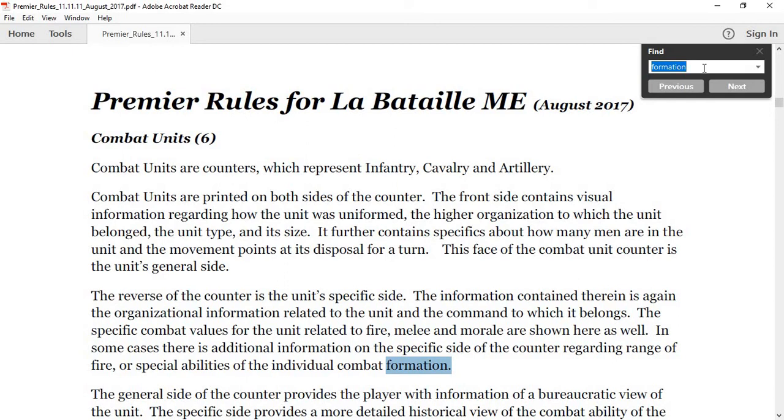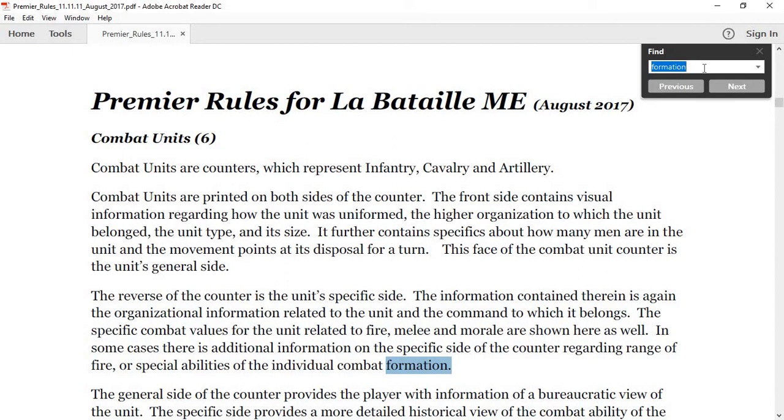Oh, unless they mean, maybe it is formation, because now it just popped into my mind. If you have a regiment counter, I guess that regiment counter might also represent two or three or more battalion counters, in which case that regiment would still have the range and special abilities indicated on it, and those would not presumably change or go away when broken out.